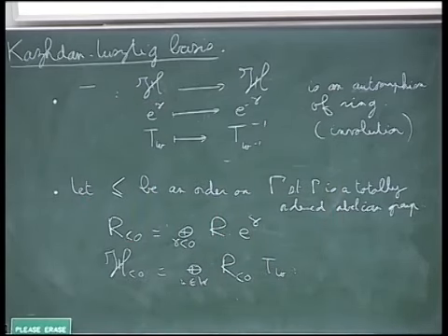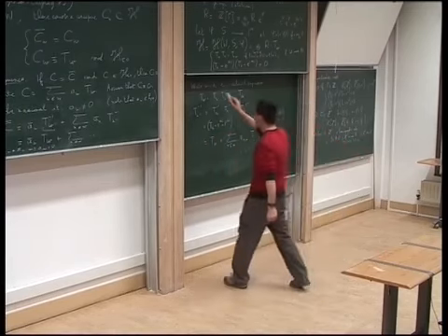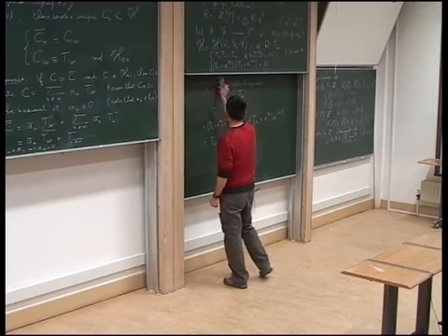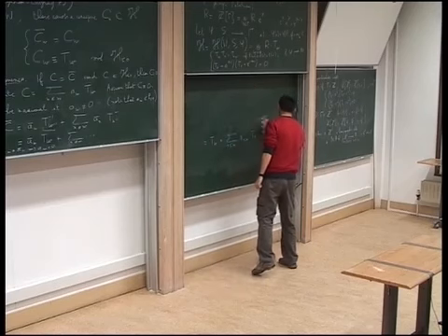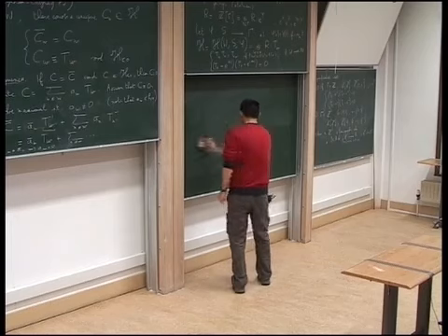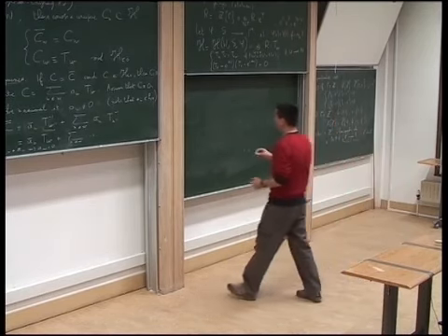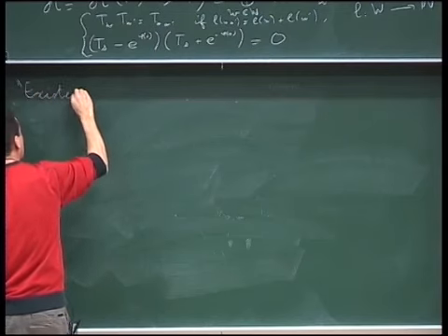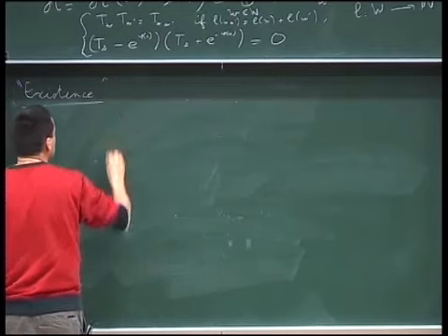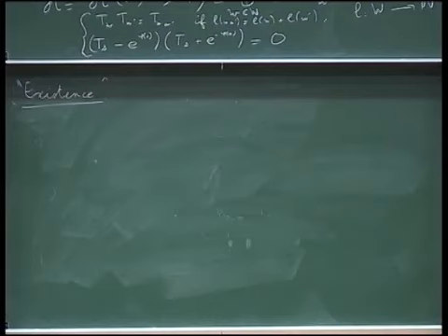And what about the existence? I don't want to write exactly the proof of the existence, but just I hope to make you feel how it's possible to construct this CW.